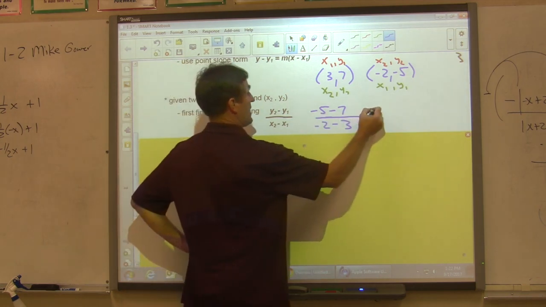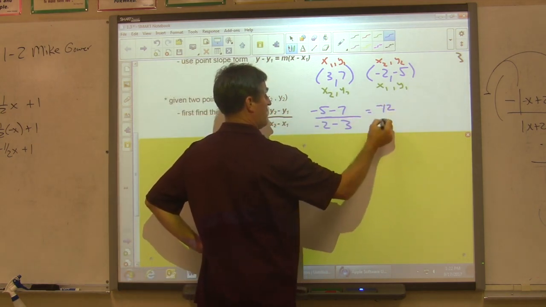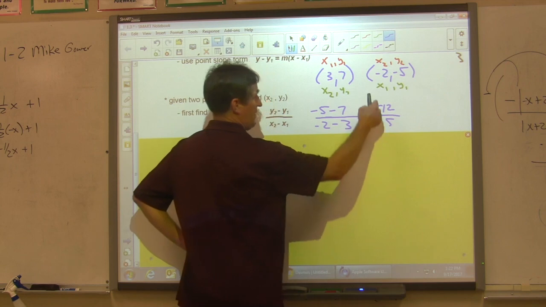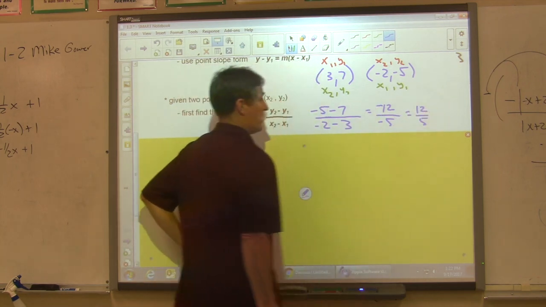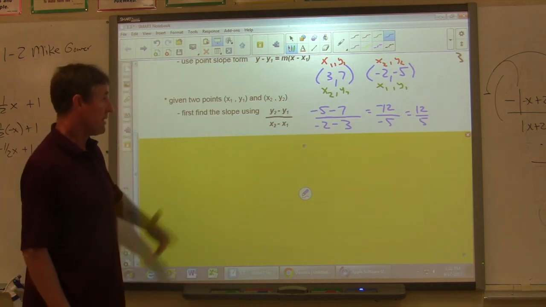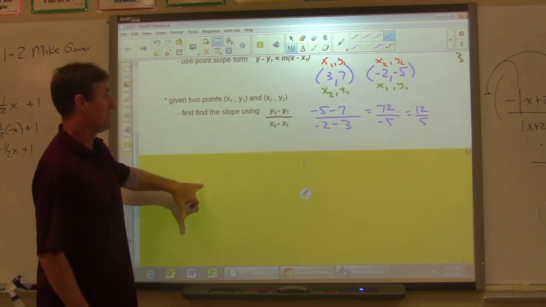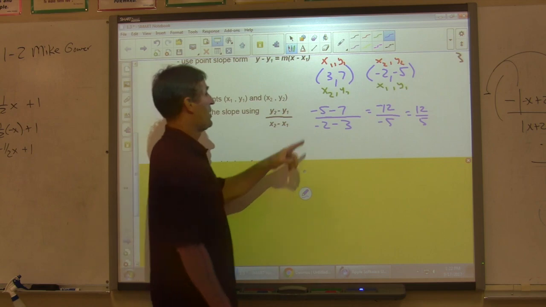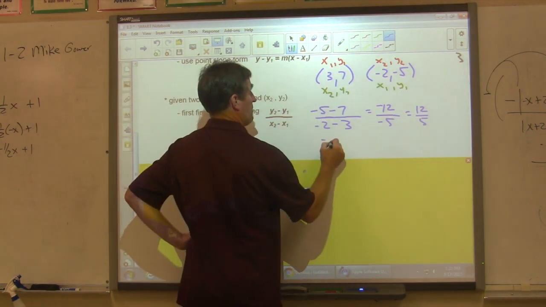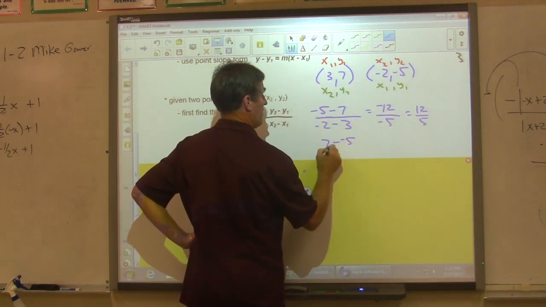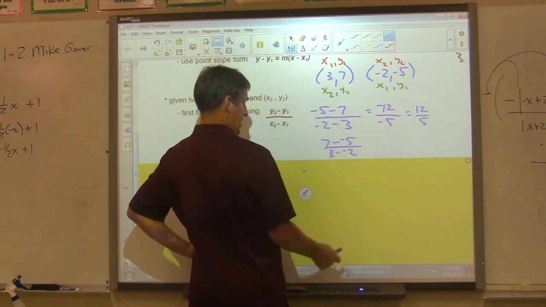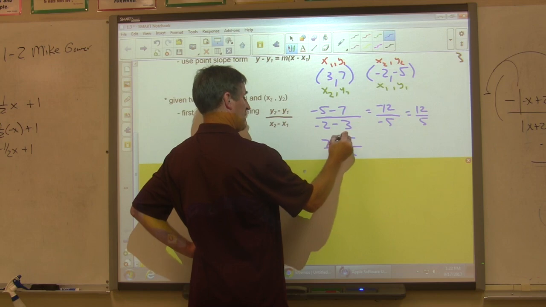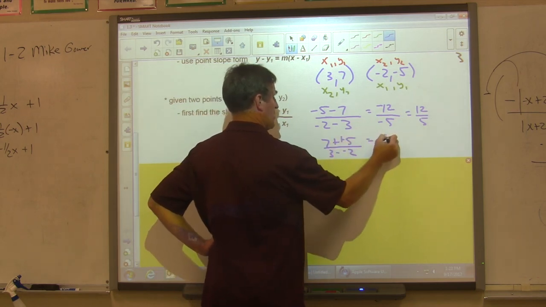In this case I get negative 12, and in this case I get negative 5, and 2 negatives gives you a positive, so that would be a slope of 12/5. If I would have done it the other way, let's call this one the second set. That would be 7 minus a negative 5 over 3 minus a negative 2. Again, that minus a negative 5 becomes plus a positive 5, so I get 12.